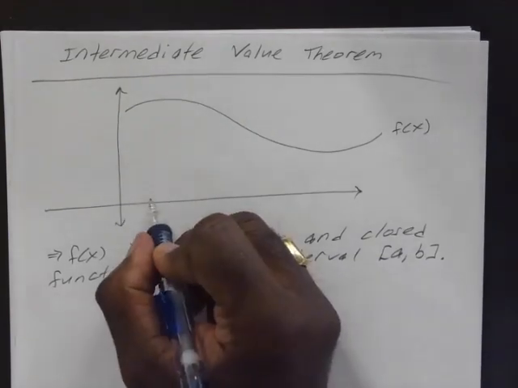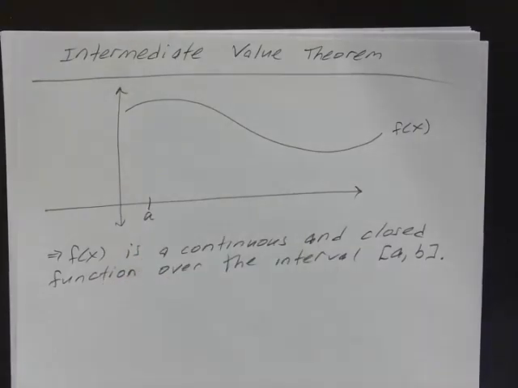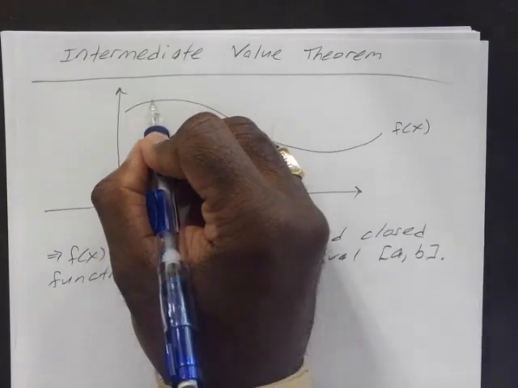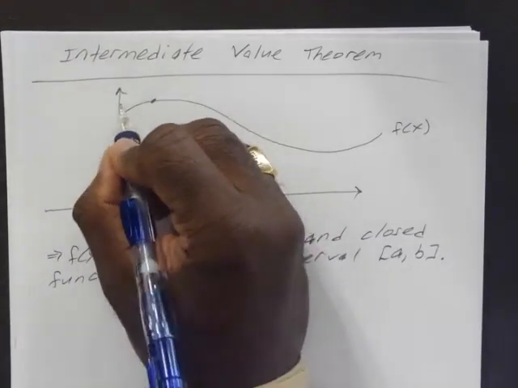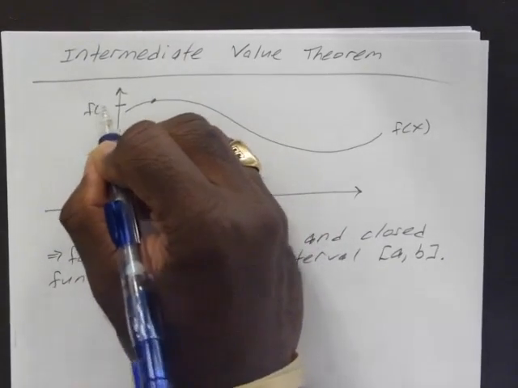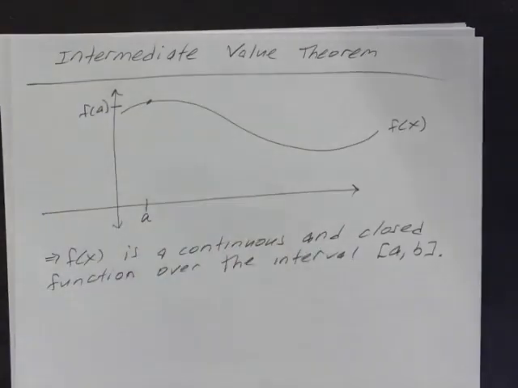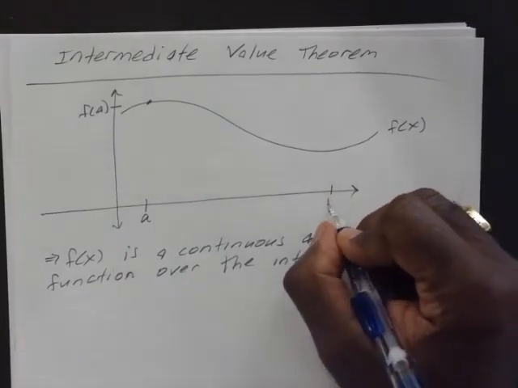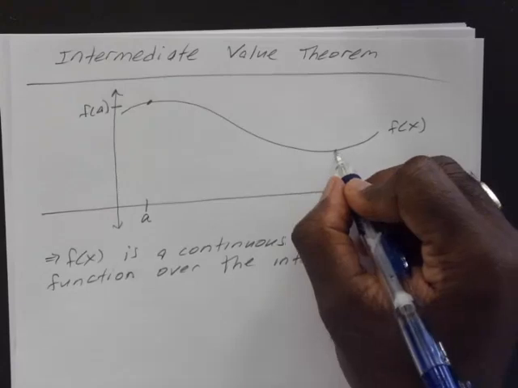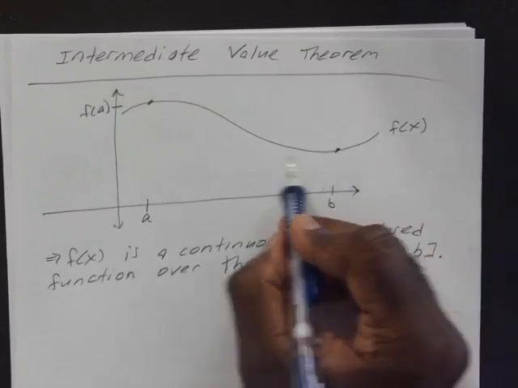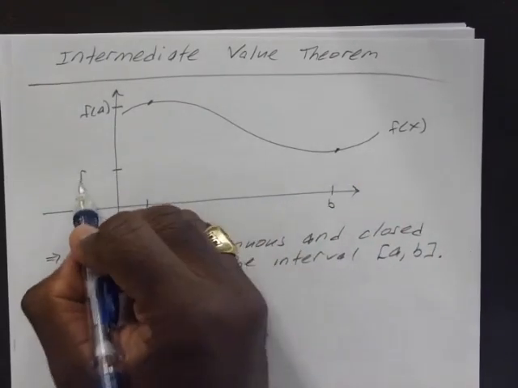Let's say if this is our value a. We know if we plug a into our function, we get the value f of a. Plug in 3, you get f of 3, 7, you get f of 7, so forth and so on. And for our b, if you plug that in on the graph, you'll get the value f of b.